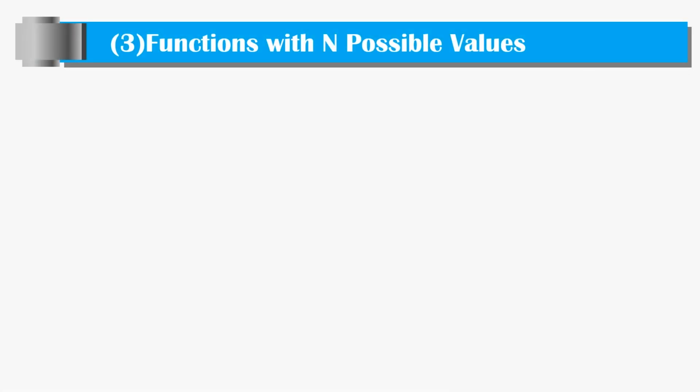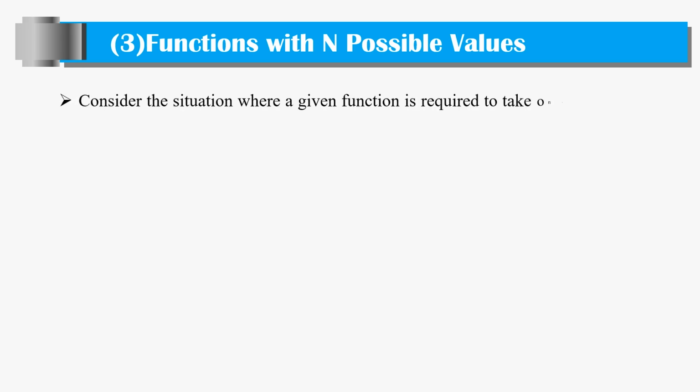Case 3: functions with n possible values. That is, if in the program there are functions with discrete values, consider the situation where a given function is required to take on any of n given values.